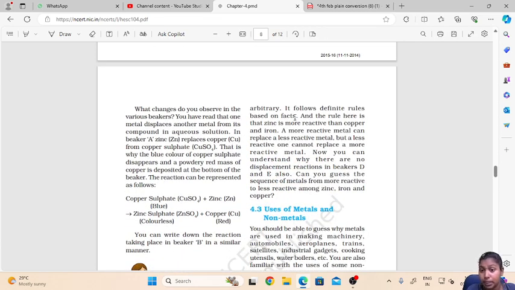So for metals, a more reactive metal can replace a less reactive metal, but a less reactive one cannot replace a more reactive metal.